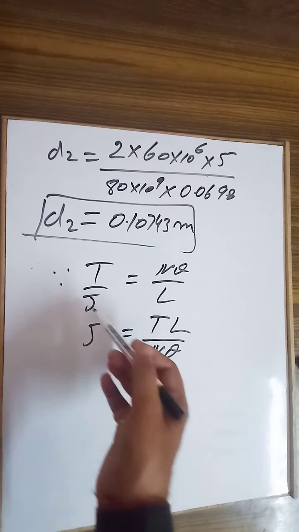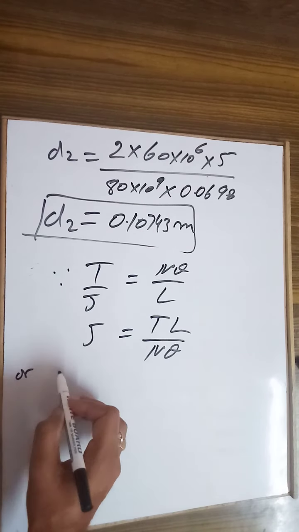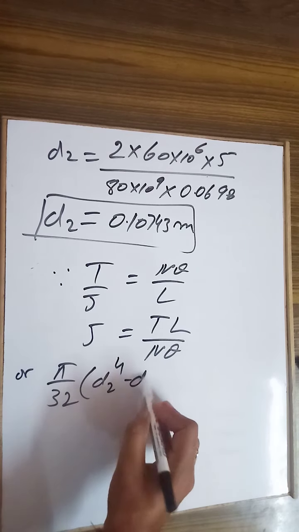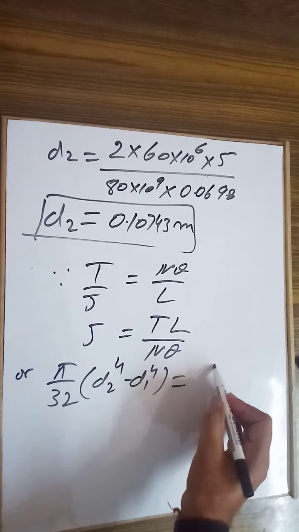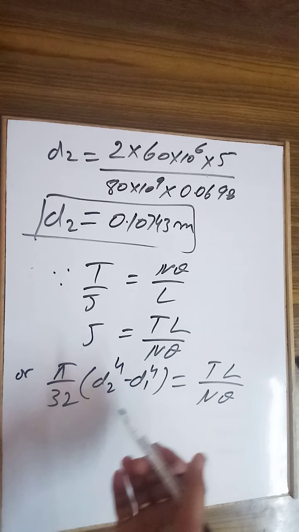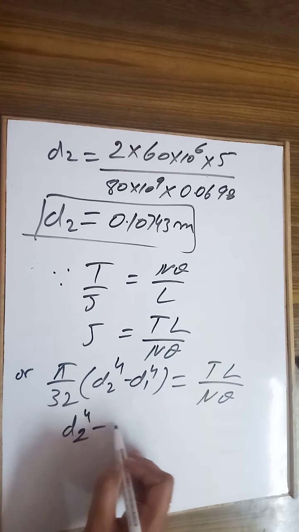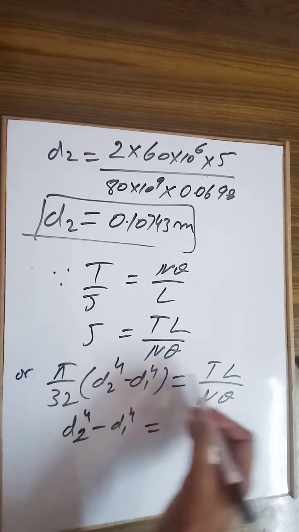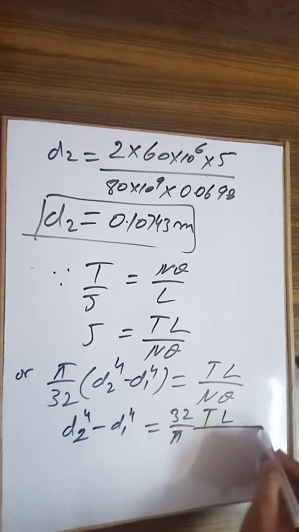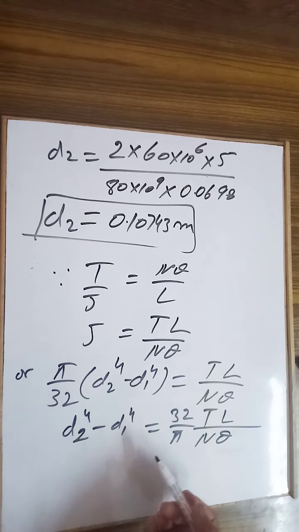Previously I told you about the formula for J. So we can say pi over 32 (D2^4 minus D1^4) is equal to T L upon N theta. So almost all the values we have. So what will be the formula now? It is D2^4 minus D1^4 is equal to 32 over pi, T L upon N theta.